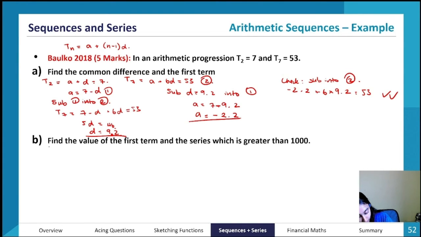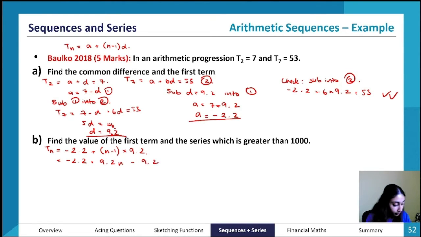Okay, so let's do the actual equation first. So Tn is equal to a, so negative 2.2 plus n minus 1 times 9.2. I'm actually going to expand these brackets. So it's going to get me to minus 2.2 plus 9.2n minus 9.2, which will get me to 9.2n minus 11.4 is equal to Tn.